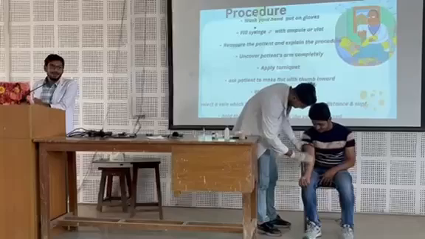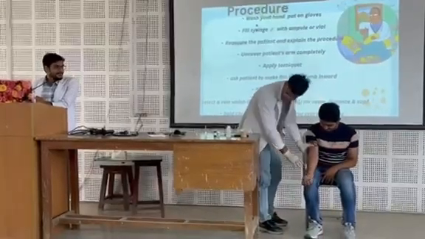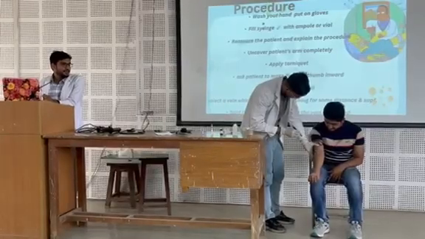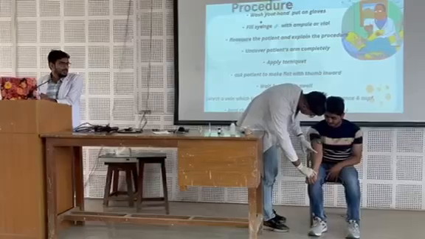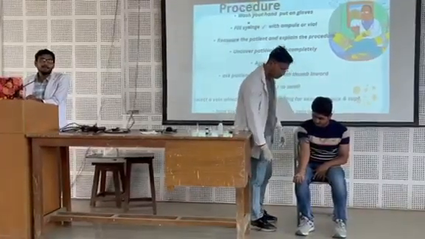We will wait for the vein to swell. The veins between the fist and the tourniquet point will swell because of the blood accumulation. The veins become superficial and can be easily seen, so that we can apply the injection.